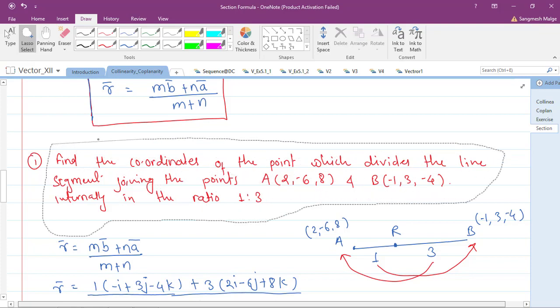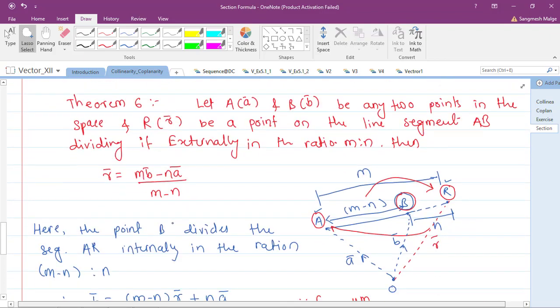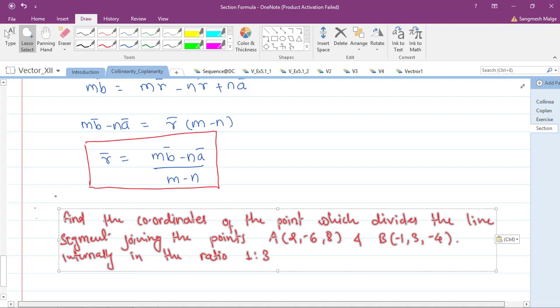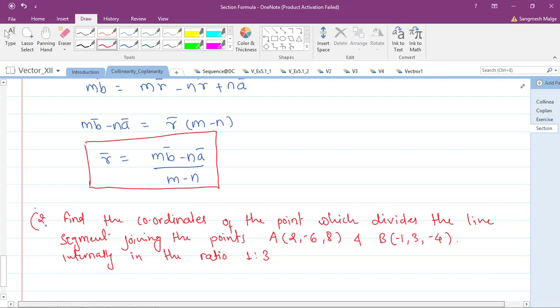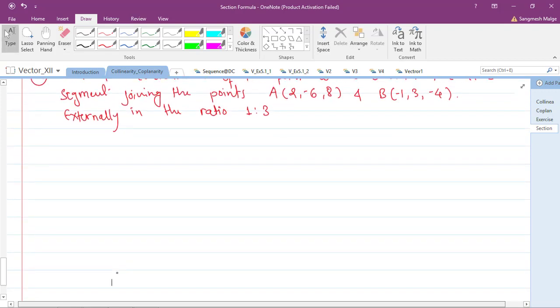We'll make use of the same statement and just replace internal by external. So find the coordinate of a point which divides the line joining the segment A and B externally in the ratio 1:3.